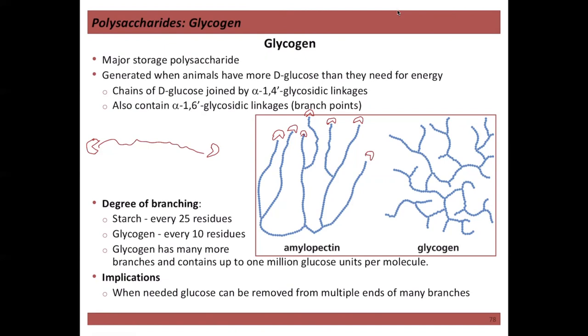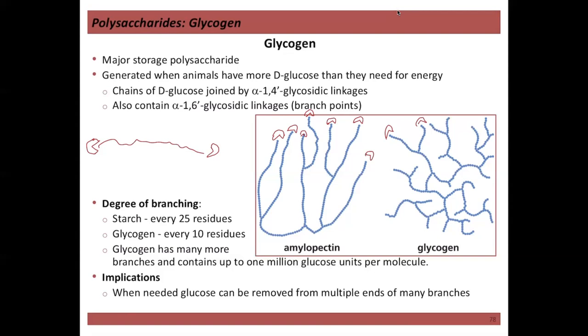And so in animals, we store it in a much higher branched form. And the reason for that is humans and other animals often need to release the glucose very quickly. And so in our fight or flight response, what happens is we dump a bunch of glucose to get us really quick energy, and it comes from glycogen.